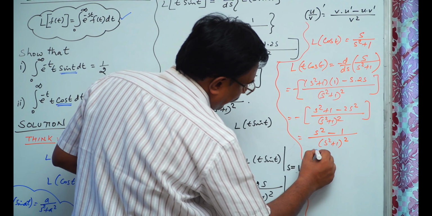That is s square minus 1 divided by s square plus 1 whole square where s is 1. By applying s as 1 here, we get 0 by 4. 0 by anything is 0. Check: s is 1, 1 square minus 1 is 0. So we got the result.